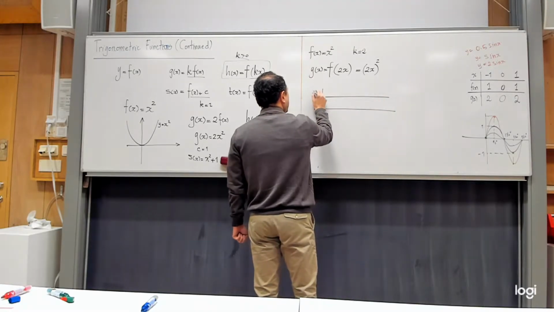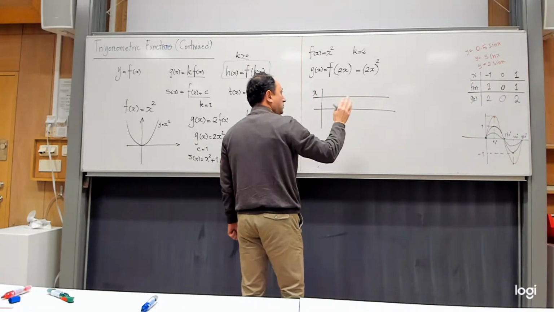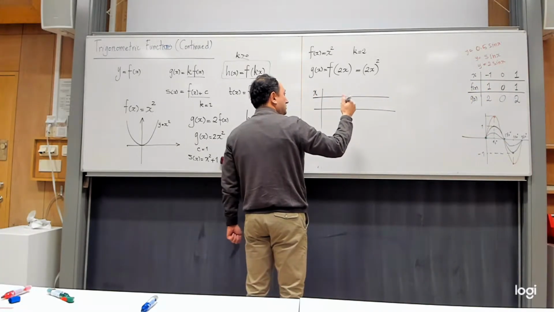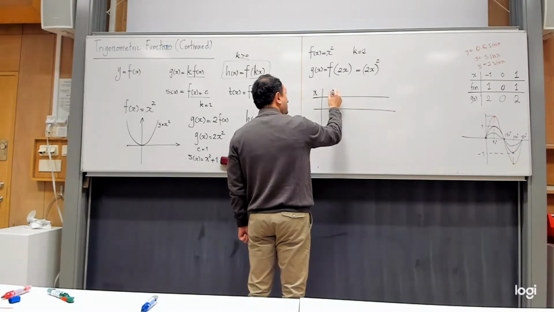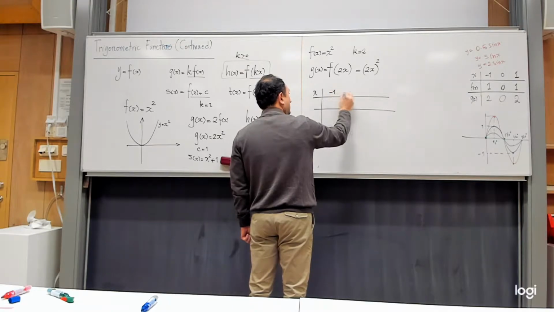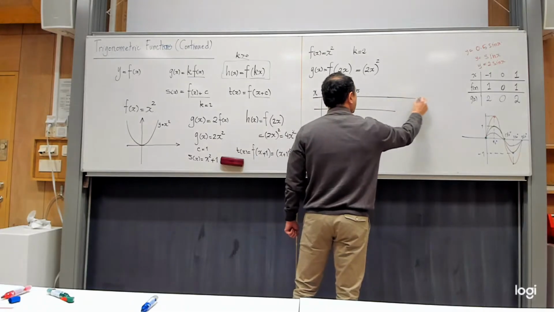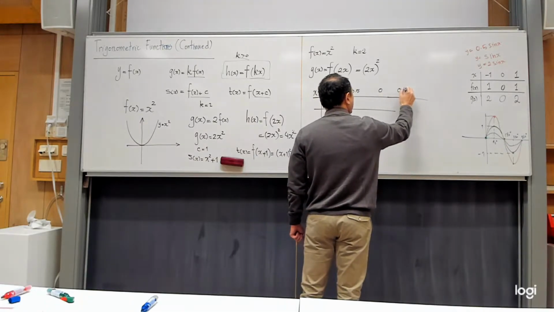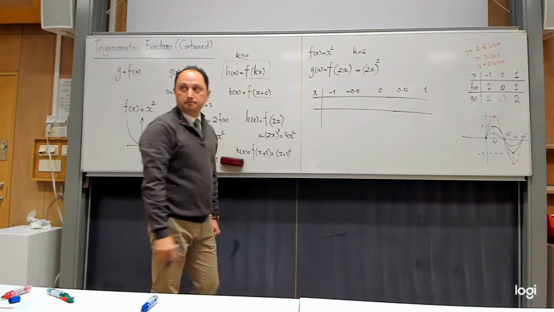So here for x, I had 3 numbers involved: -1, 0, and 1. But let me just try to make sure that you understand. I want to increase this a little bit. So I want to have -1, I want to have -0.5, I want to have 0, and I want to have 0.5, and finally 1. Yes?